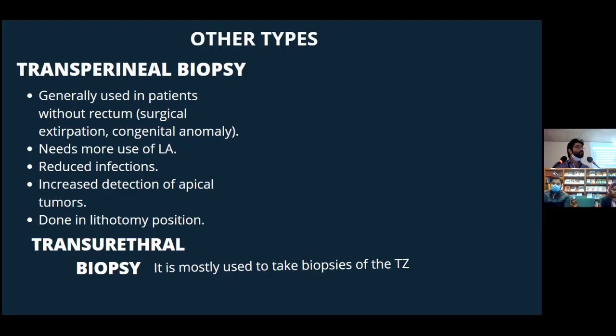The transrectal biopsy is now called transfecal biopsy because it goes through the fecal route, the transurethral one is through the urinary route, and the third one is transperineal. But the guidance for the transperineal as well as the transrectal is through the transrectal probe.